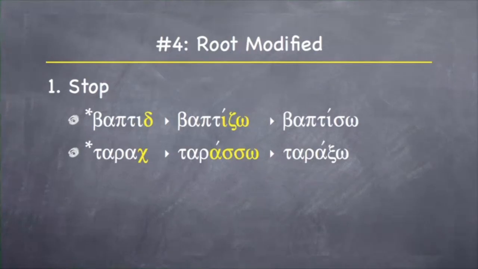It's rewritten as a xi, isn't it? So tarasso is going to go to taraxo. Well, that actually doesn't do that. Tarak goes to tarasso in the present. Tarak goes to taraxo in the future. Absolutely regular if you know the roots, right? Okay, so that wasn't that big of a deal.